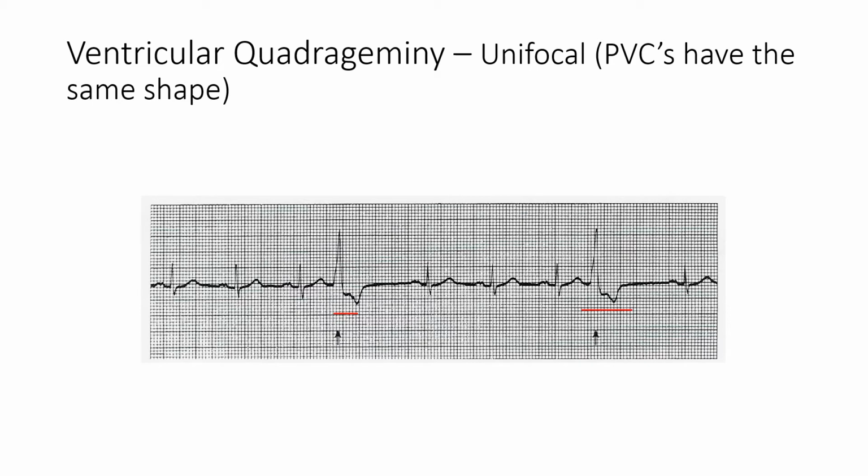That would make them come from the same spot in the ventricles. So somewhere in the ventricles is firing, or an increase in automaticity, and it's causing them to look the same because they came from the same focal point, one focal point. So we call them unifocal. When there's more than one PVC and they look the same, we call them unifocal.